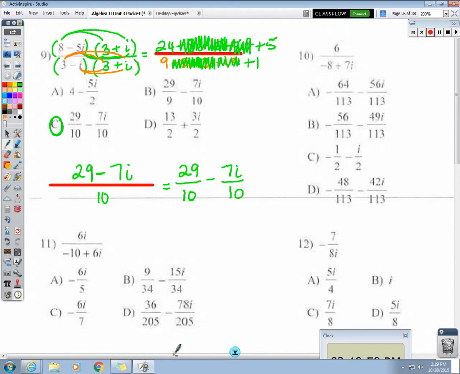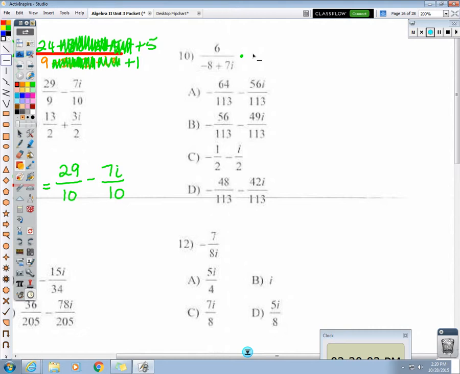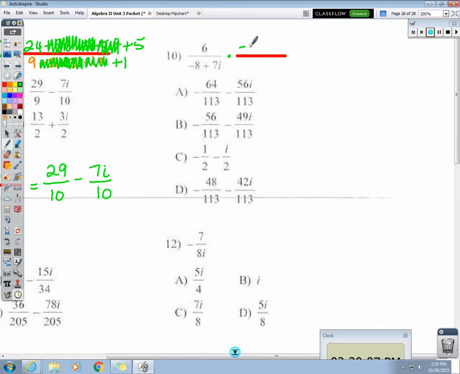Okay, number 10. What do I need to do first for number 10? Multiply by the conjugate, which is what? Negative 8 minus 7i. Okay, when you're doing the conjugate, the real number stays the same, the complex number changes its sign.